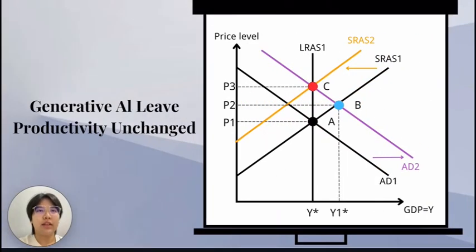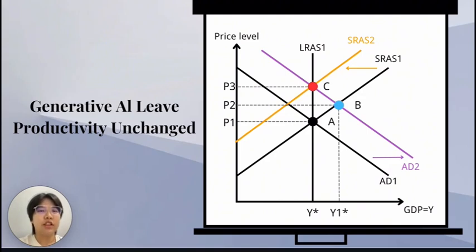Based on the previous analysis, the firms have invested in generative AI, and aggregate demand increases: AD1 shifts right to AD2. It turns out that generative AI leaves productivity unchanged. SRAS1 will remain unchanged since productivity remains unchanged. In the short run, the macro equilibrium moves from point A to point B, where output and price level increase.